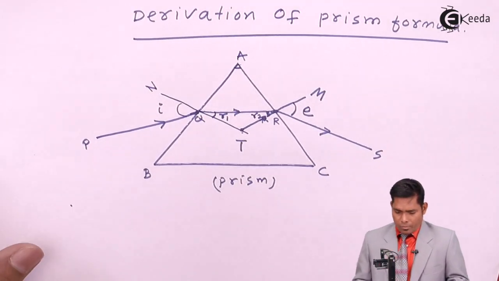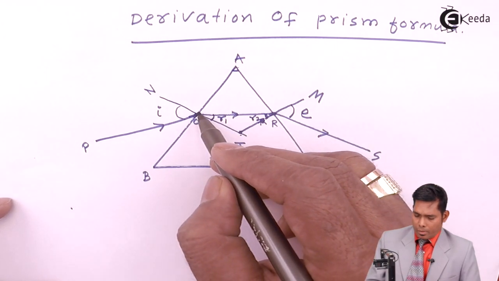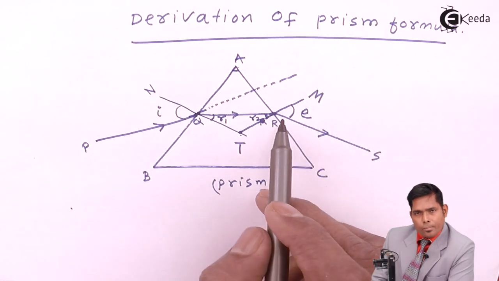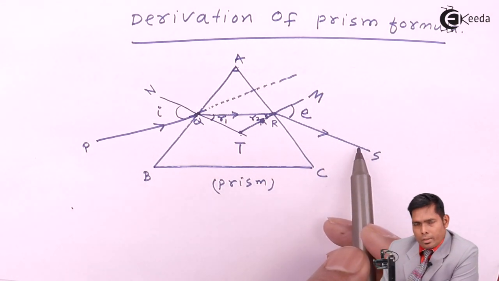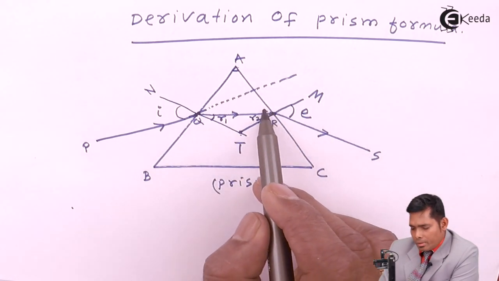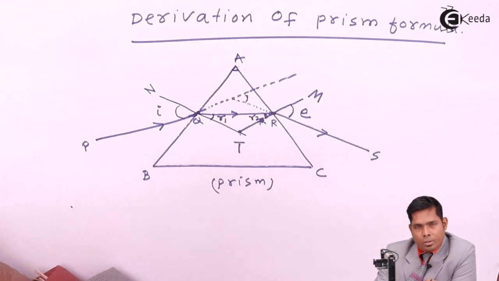Now, in the absence of this prism, this ray would have gone straight like that. But finally, it followed this path. So the angle between the incident ray and the final emergent ray, you can get after so many reflections or refractions, whatever the case may be.